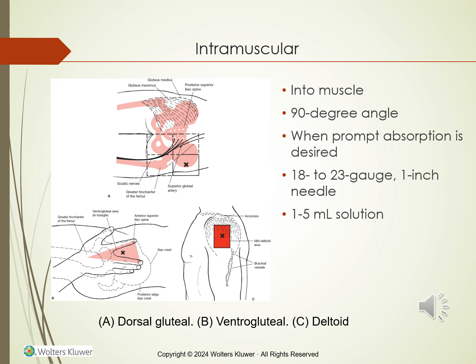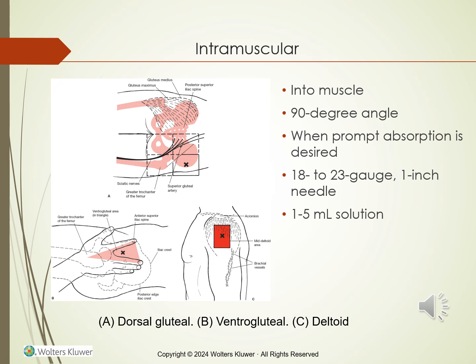For elderly patients who often have reduced muscle mass, a shorter needle is often used. The safe volume for injecting intramuscular agents is 1 to 5 millimeters, with larger volumes suitable only for patients with sufficient muscle mass.